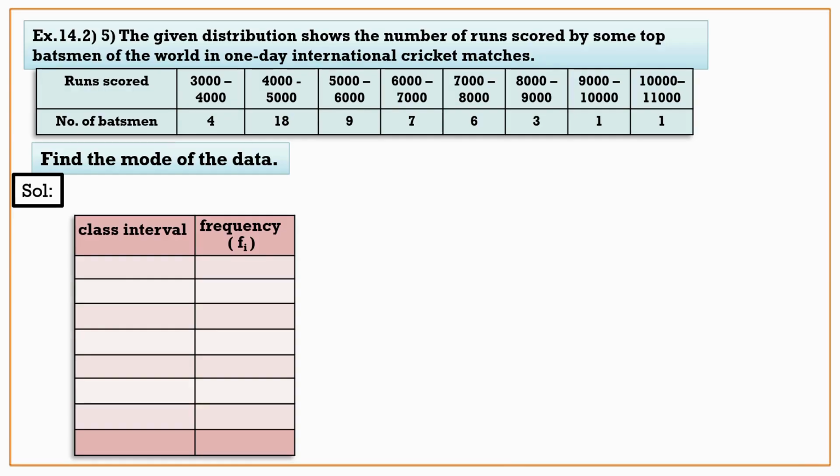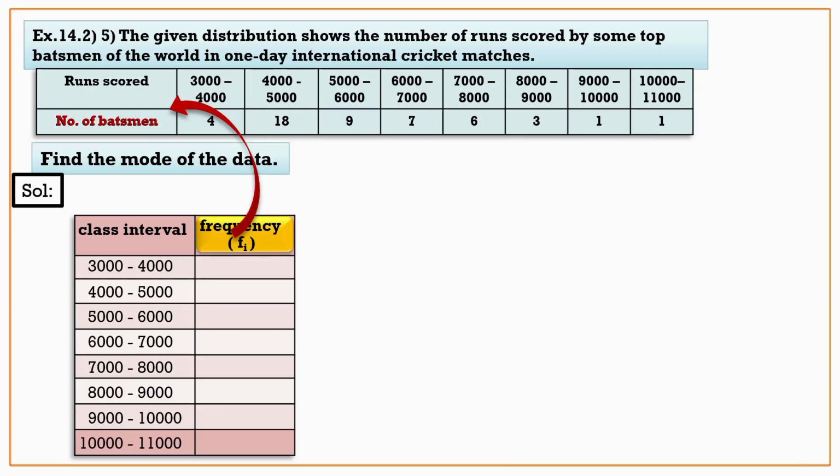So whatever is ending with the upper limit will be the lower limit for the next class interval. Then we can say that is a continuous class. So that's why it is a continuous class. Okay. So now let's fill the class interval and also the frequency.